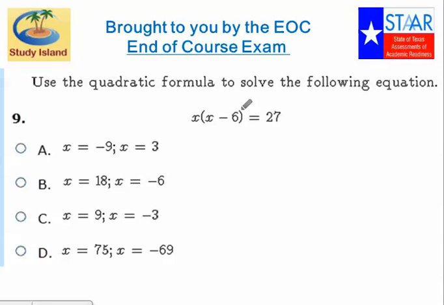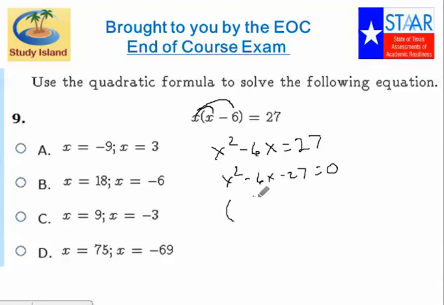So looking at this one right here, we're going to multiply x times x and x times 6, and we're going to get x squared minus 6x equals 27. Oh, you know what? We could do this just like we did the ones the other day. x squared minus 6x minus 27 equals 0. We factor this, right?